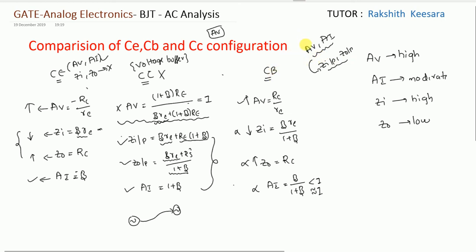In the CB amplifier, AV is satisfying, but current gain is failed. Or I can tell that AI is nearly equal to 1. That means whatever be the input current, the output current will also be the same. I can tell that it is a current buffer.